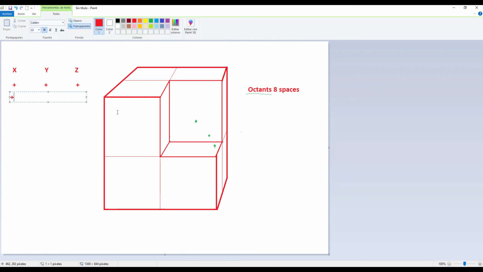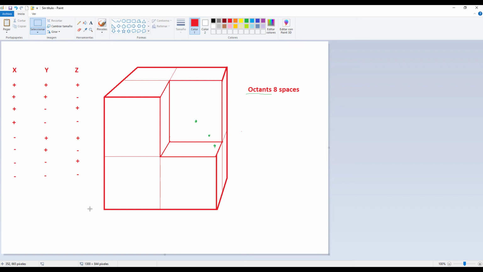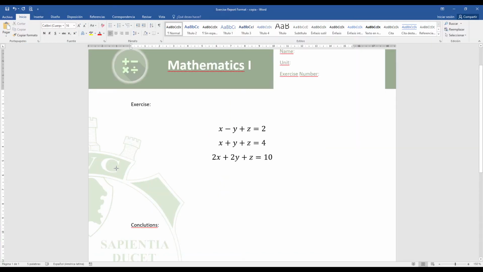But you have other spaces, which is the reason that you have 8 spaces. Now we will see how you solve the exercises of today. This is the exercise. So how will you graph that?